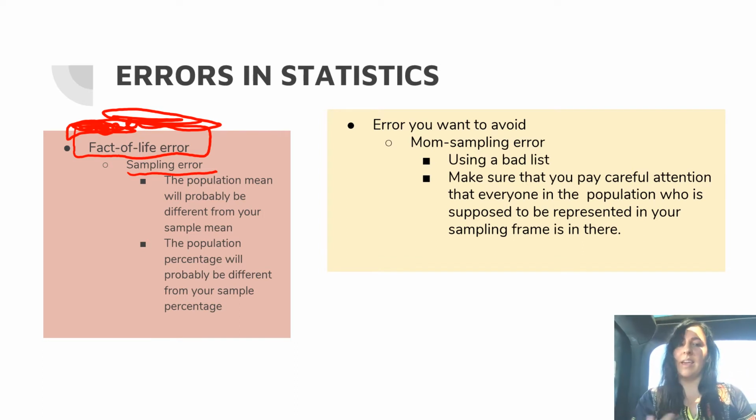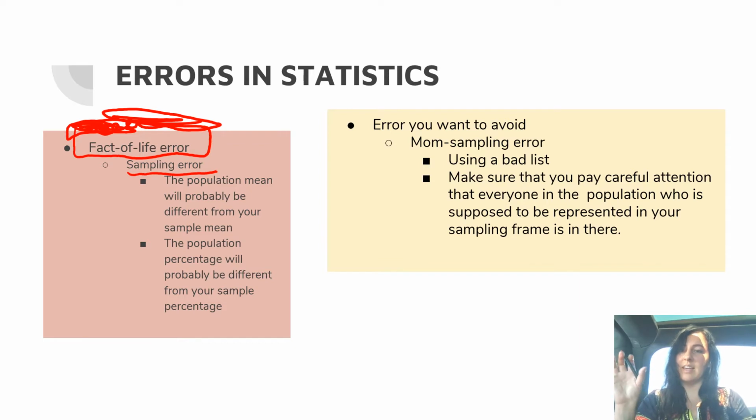The reason being because this type of error is that natural expected error. It's already expected just because you're taking a sample of a population and you're not interviewing everyone and you're not taking a census.